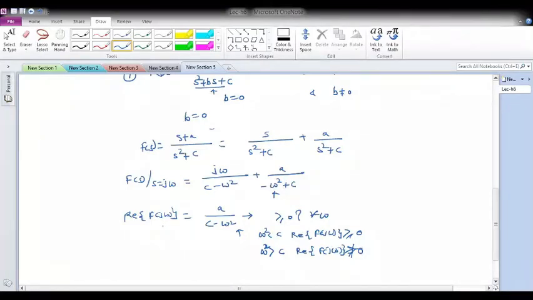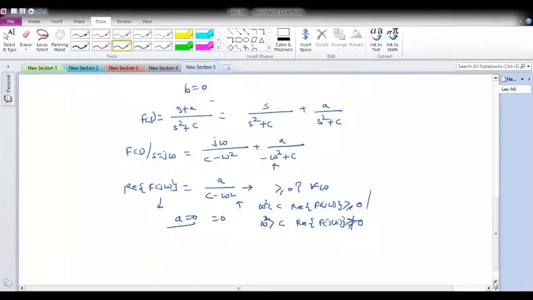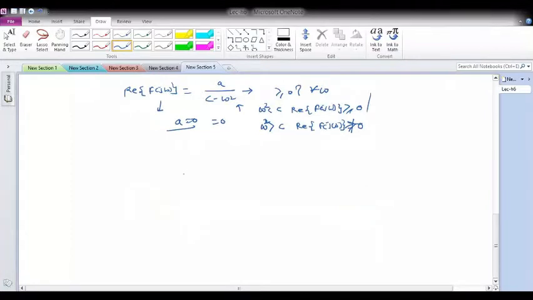It will not satisfy the third property. So in order to have the PR, what should be the condition? A again has to be 0. If a is 0, then the real part of f of j omega is 0, and that is allowed for us. This way you can check for the PRF if b is equal to 0.